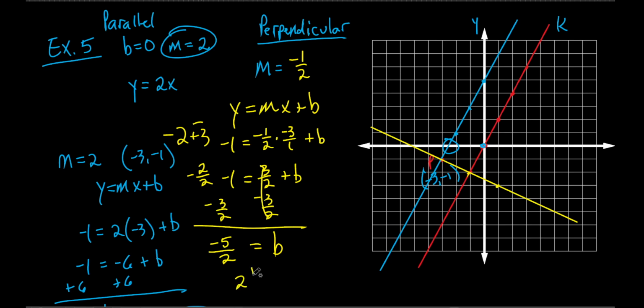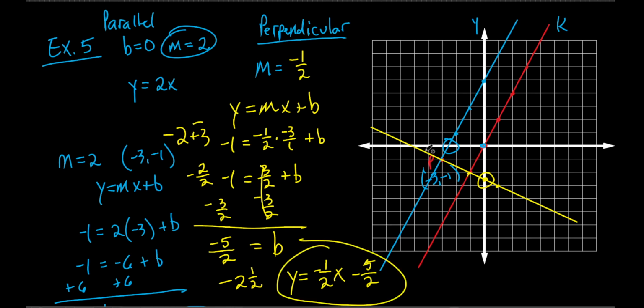It's -2.5. And is that where it's located? 1, 2.5. Yep, right there. So it all works out. So what's the equation of that yellow line? y equals m, which is -1/2, x, and then minus, don't put 2.5 though, put 5 over 2. So that is the equation of the yellow line.